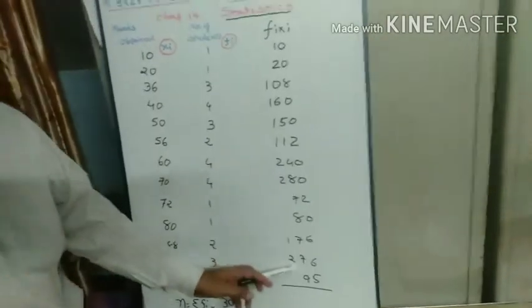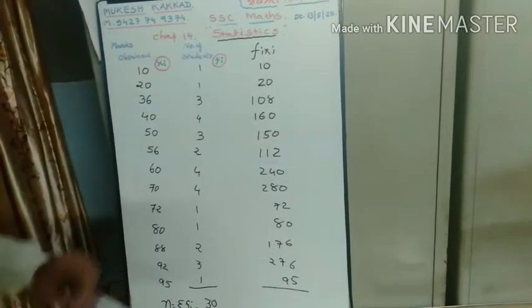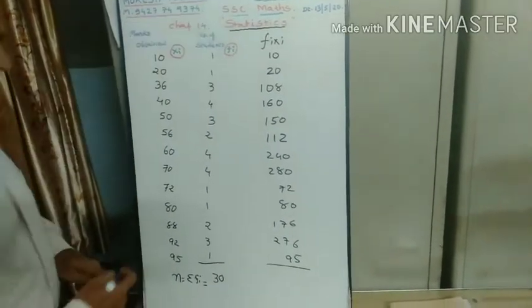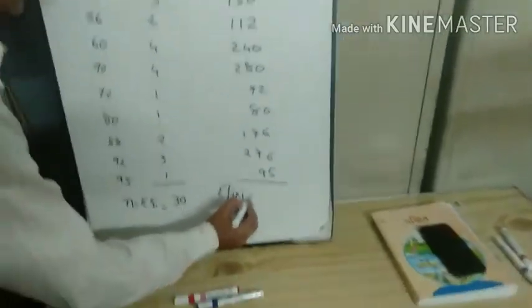So these are the products of fi and xi, and now we will find sigma fi xi.